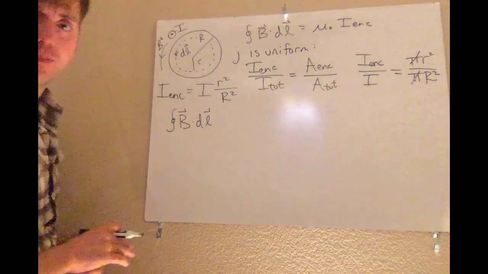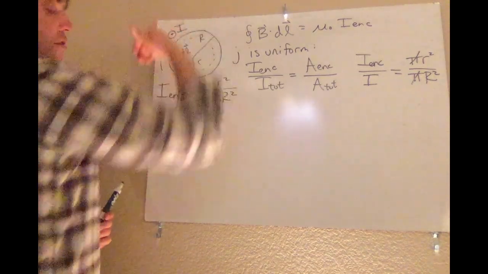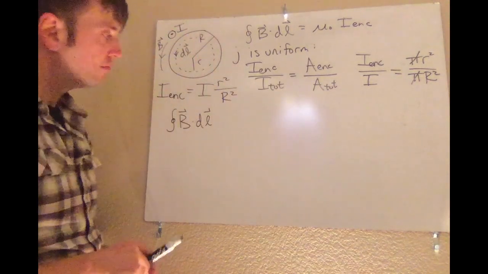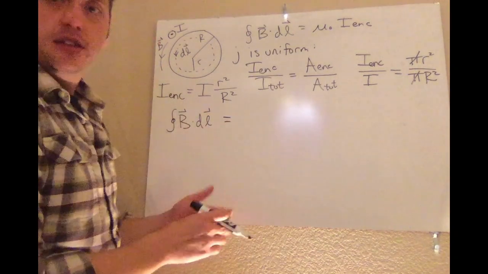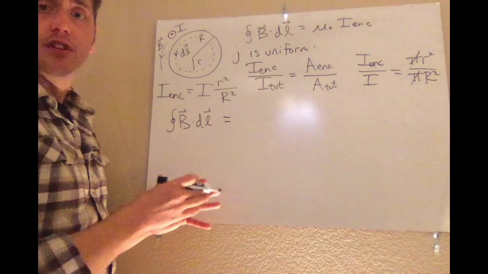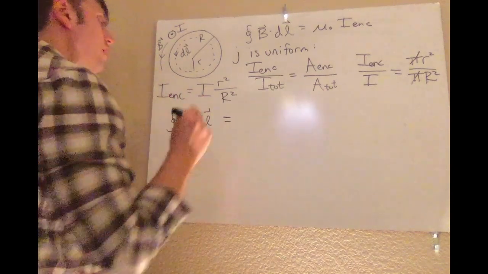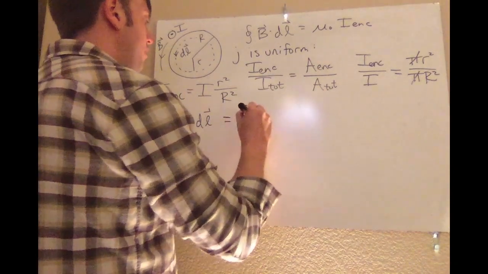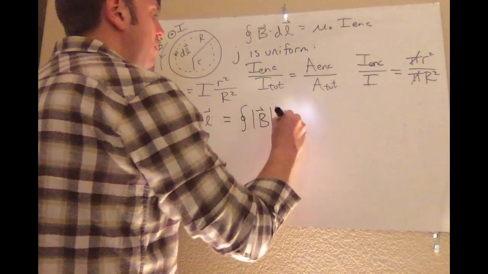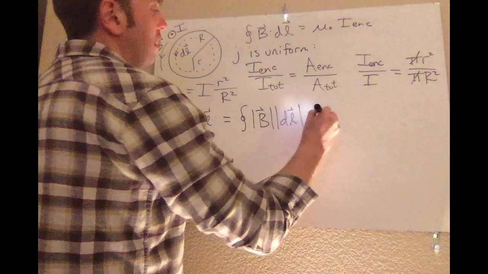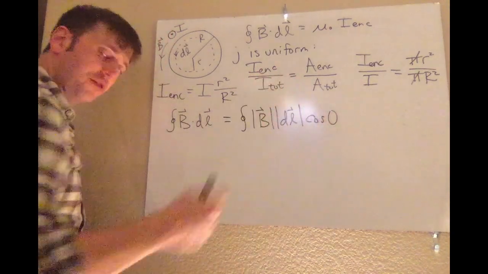There's B right there, again looping around like this, going counterclockwise. So the B field and dl are going in the same exact direction. You can just see that from the diagram, which means when we take the dot product, we have the magnitude of B, the magnitude of dl, and then cosine of 0. Cosine of 0 gives you 1.